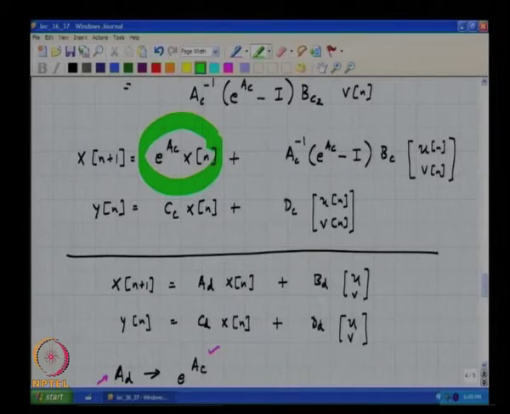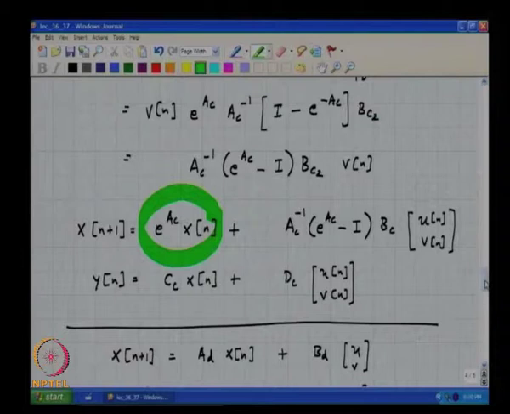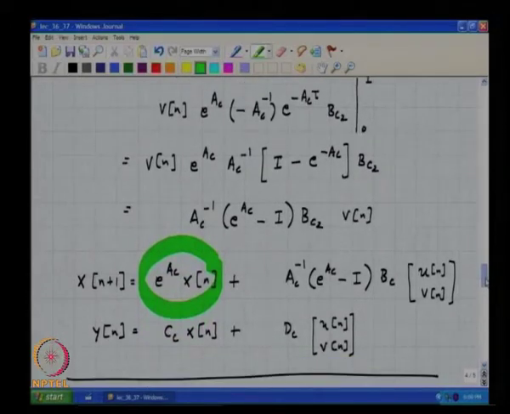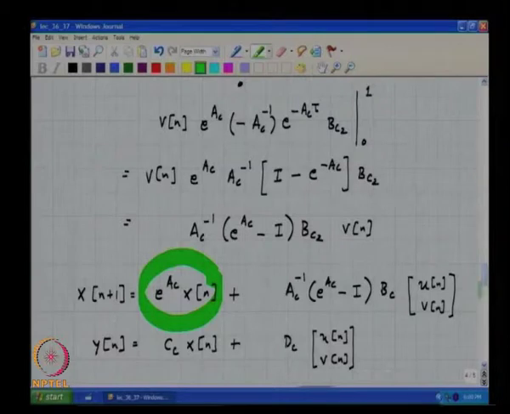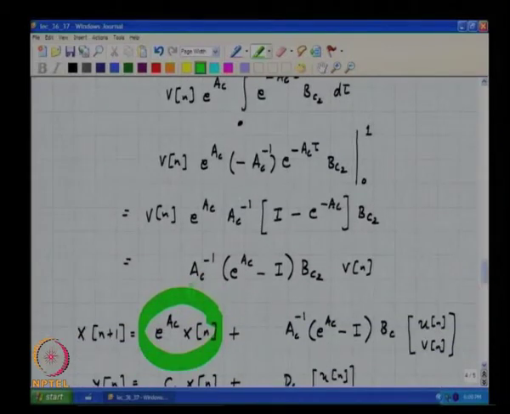Okay. Now, as far as the input is concerned, you can still model it as a first order held waveform. So, the BC1 will still remain an expression which looks similar to this.